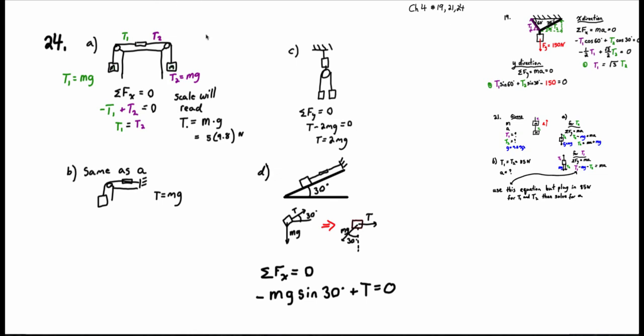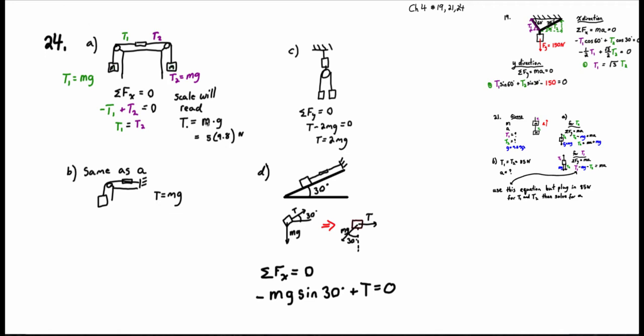And if you look at that, it's because you have mg pulling down, T going up. So if you said T minus mg is equal to 0, well then T equals mg. So my tension is just equal to my mass times gravity.